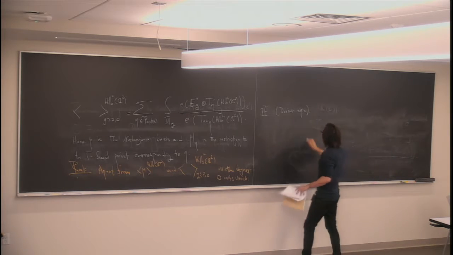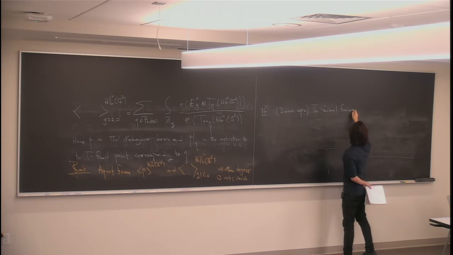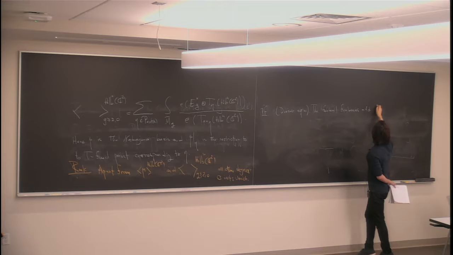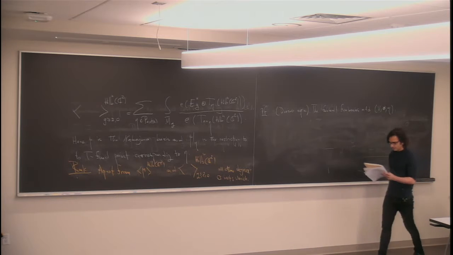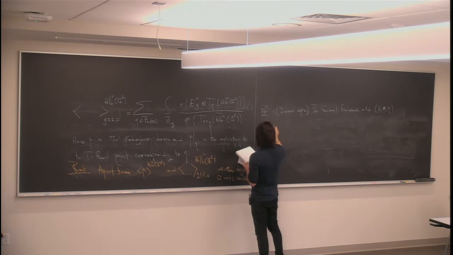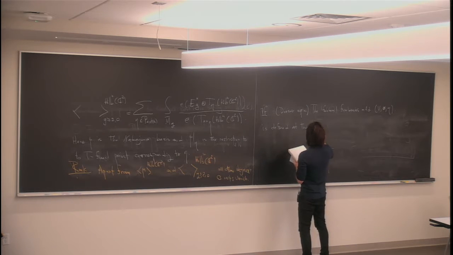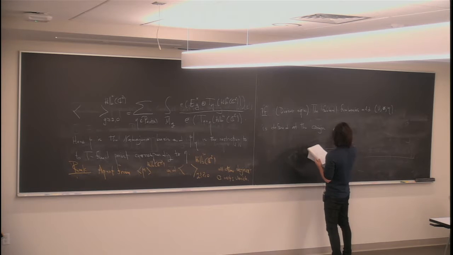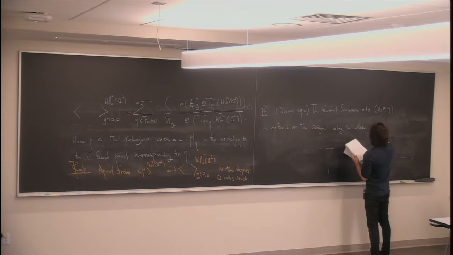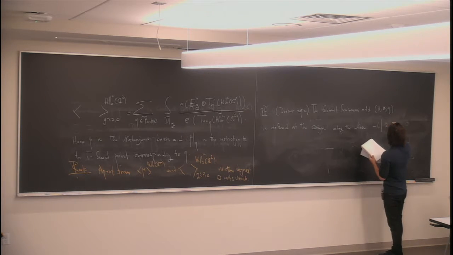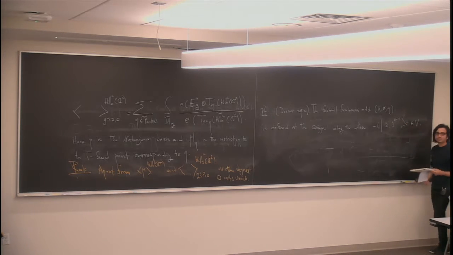The formal Frobenius manifold, which we discussed before, is defined at the origin along the line minus t times this state vector, which is v.